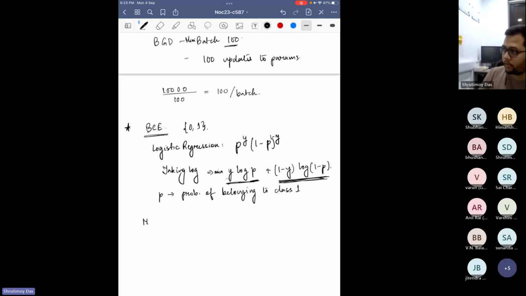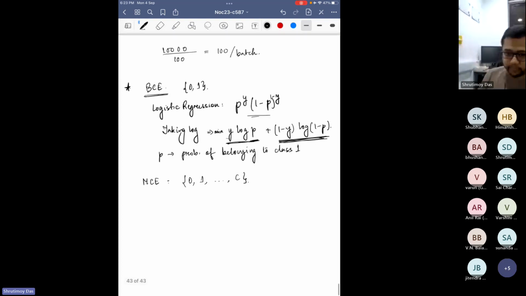So when we talk about multi-class cross entropy, this concept is extended to the multi-class. Suppose you have classes 0, 1, 2, say we have some C classes. So your objective becomes minimize the sum over i from 0 to C of y equal to class C times log P, where log P is the output that you are given.